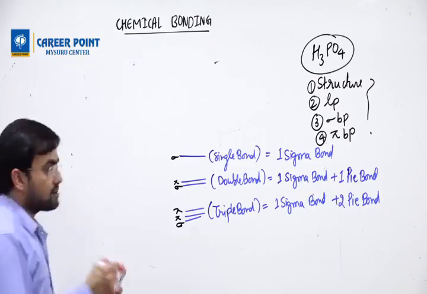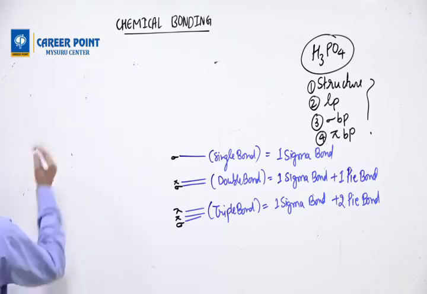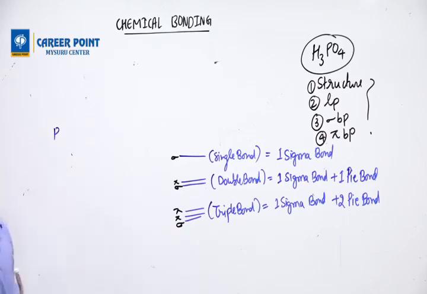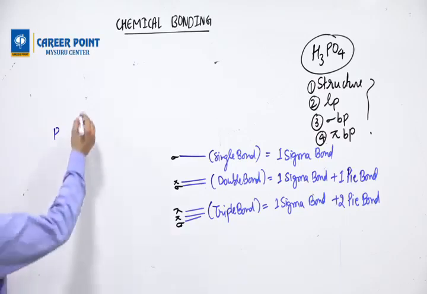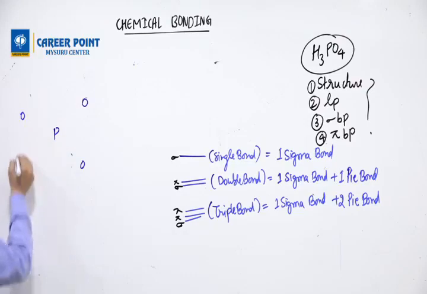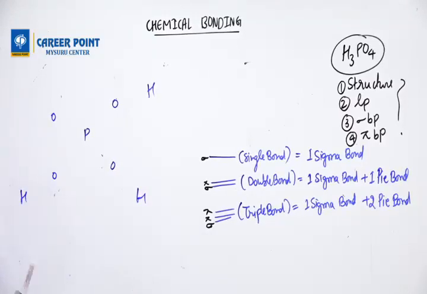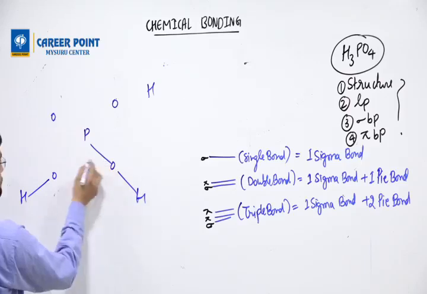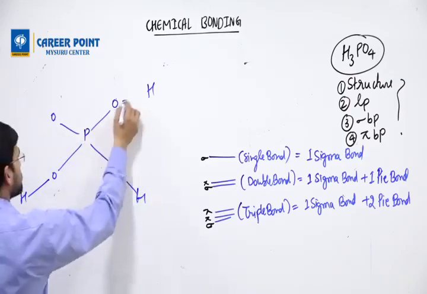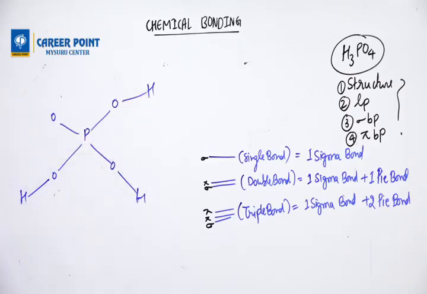Okay, so we solve this question now. What we get is phosphorus in the middle, 4 oxygen and 3 hydrogen. Easy. Then I have to join them also. I've joined all, right?